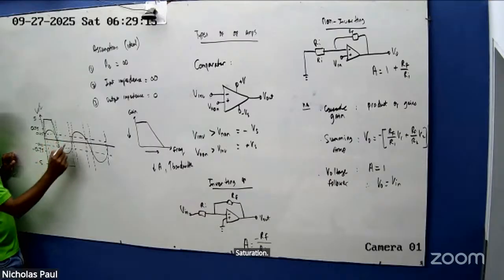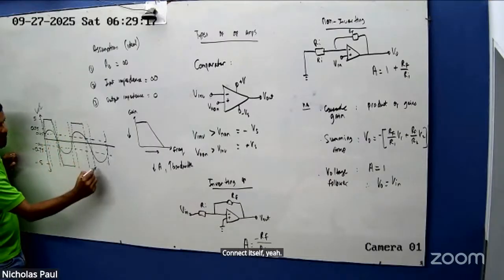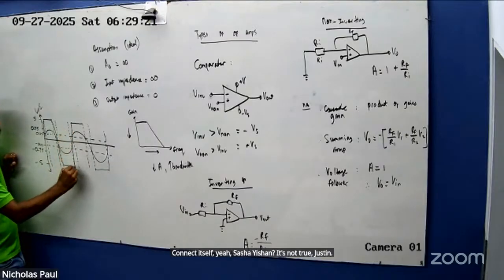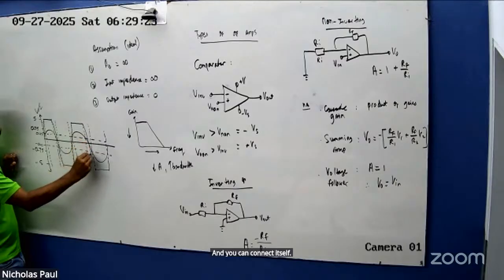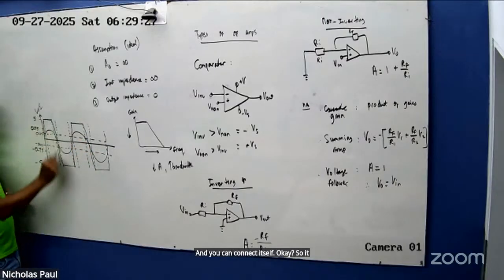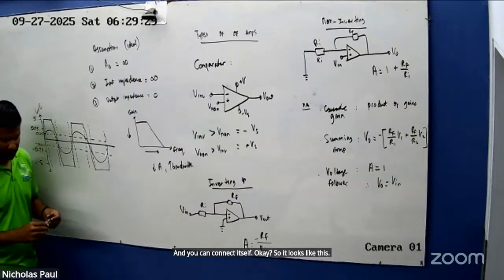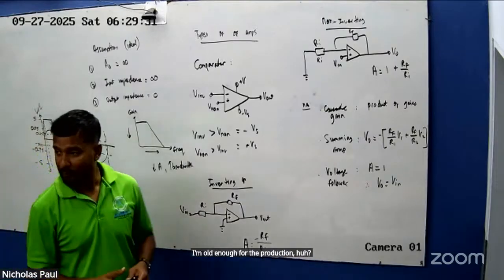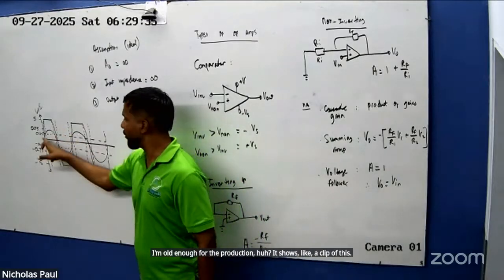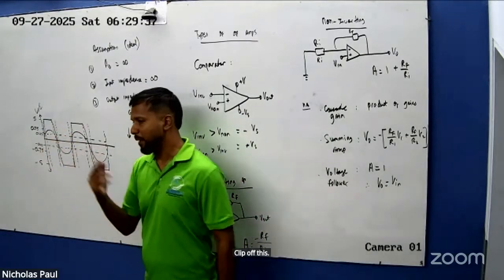Connect it up here. Saturation, saturation, and you connect it up. So it looks like this. It shows that you clip off this, clip off this. That is sometimes called clipping.